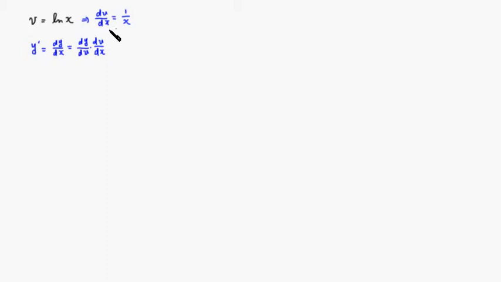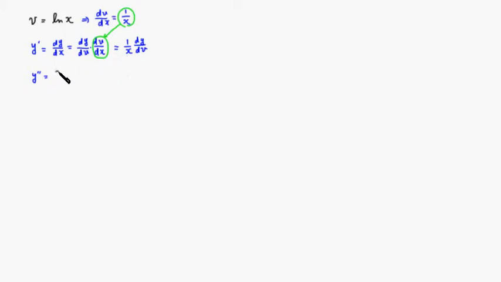You can see that dv over dx is the same thing as 1 over x. So we know that y prime can be written as 1 over x times dy over dv.